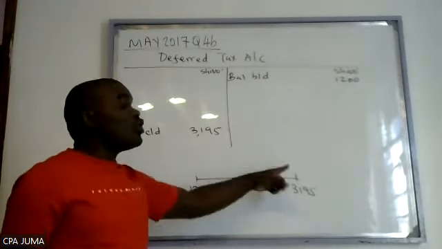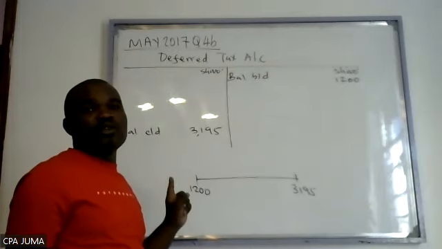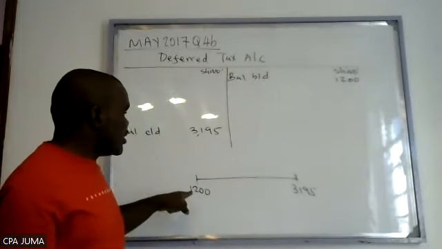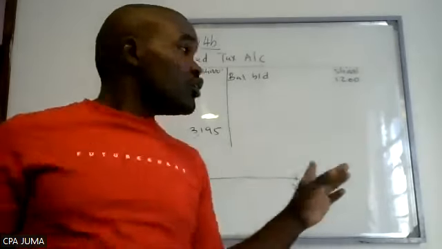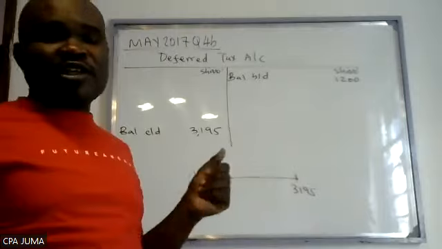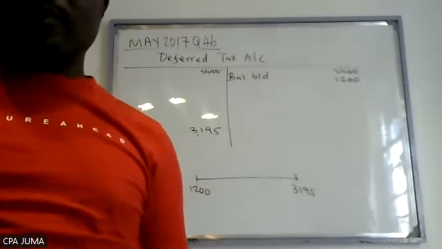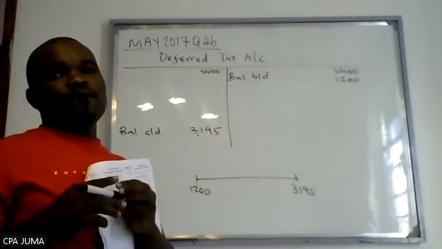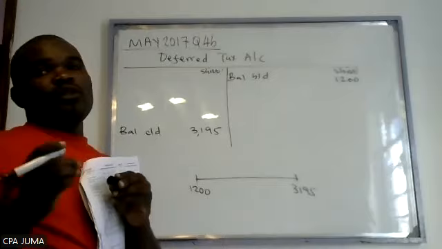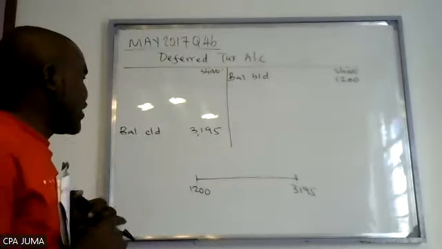Increase or decrease in provision is tied to the profit account. So what is the increase, please? 12 to 31.95 is how much? But don't post it anywhere. 12 to 31.95, that increase is how much? Somebody? Quick, let's finish. That increase is 19.95.